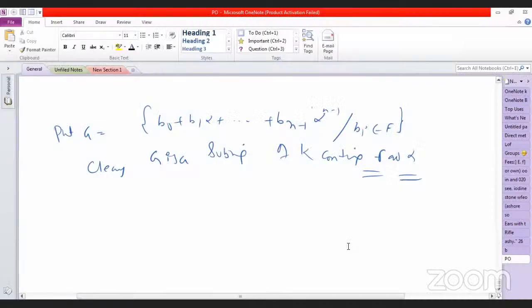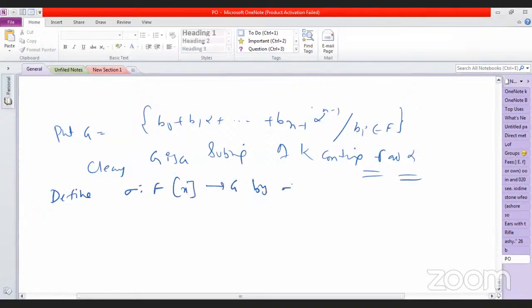So, continuing, clearly G is a subring of K containing F and alpha. Define sigma from F[x] to G by f(x) going to f(alpha).